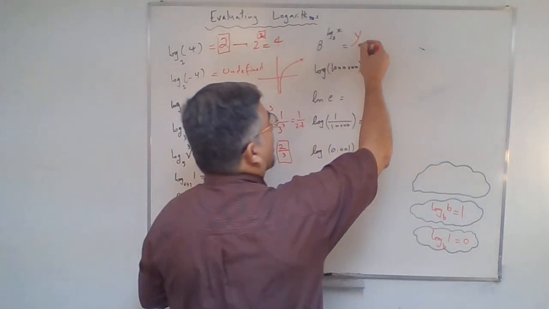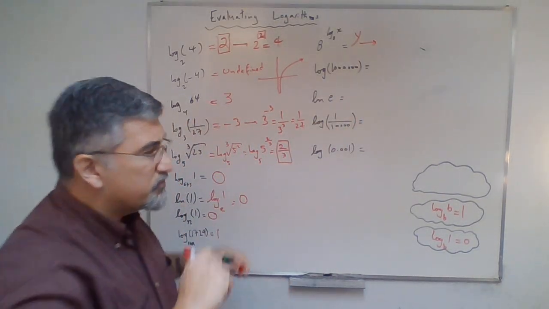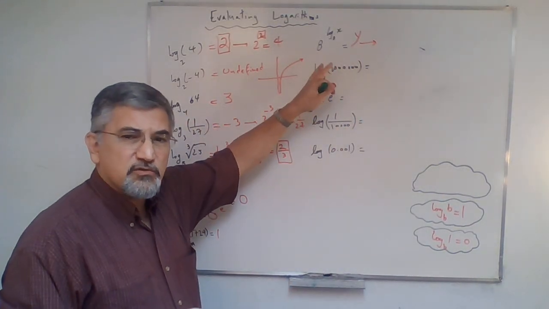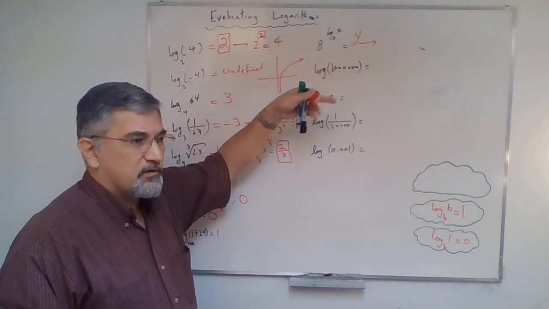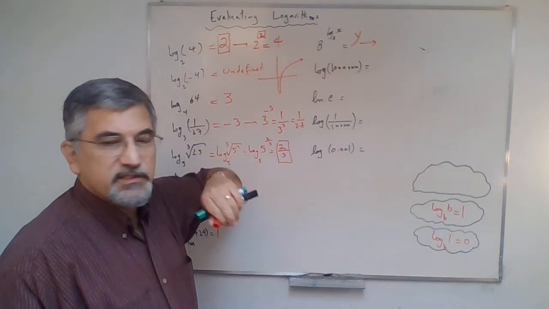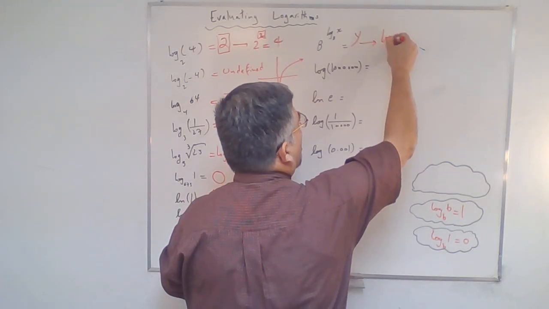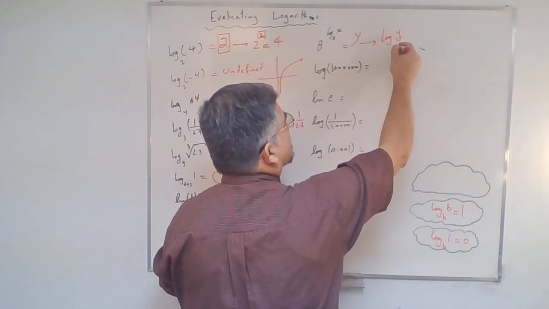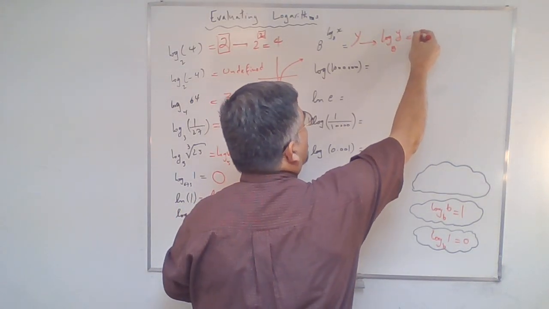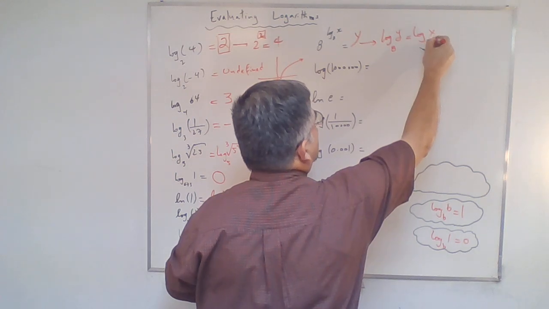But then I can say something. This is the exponential form; in logarithmic form, I can say log of y to the base 8 equals log of x base 8.